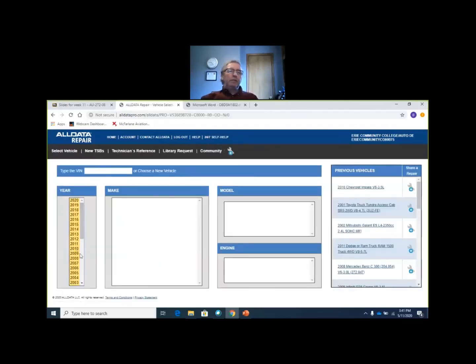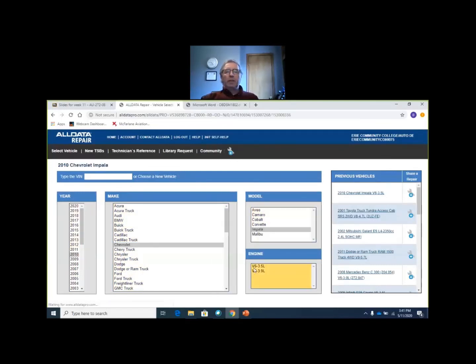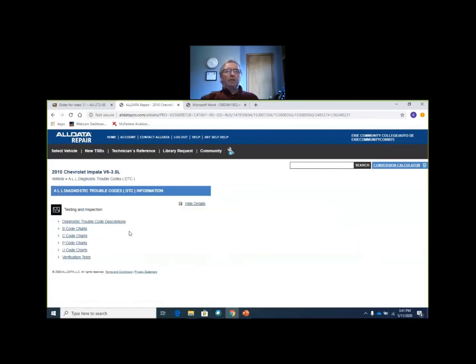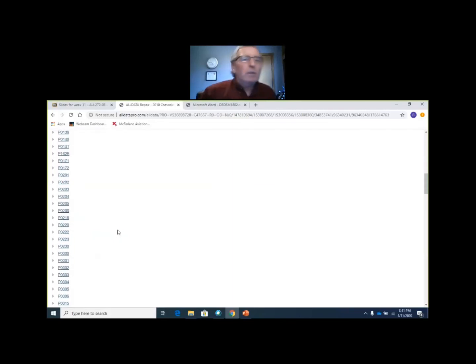Let me take the vehicle that I have been using, the 2010 Chevy, I think Impala with the 3.5. This is what I've been using. And under all diagnostic trouble codes here, right? We'll get into these types later, but let me just go to P0171, all right? And this is not General Motors specific, right? These are SAE codes. In other words, if it gives a P0171 on a Ford, it means the same as it does on a Chevy or a Toyota.